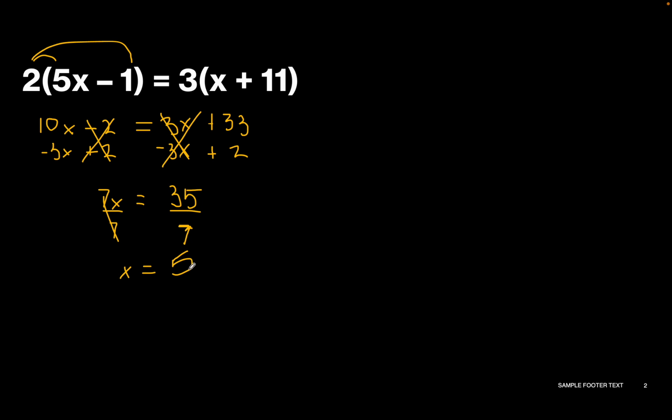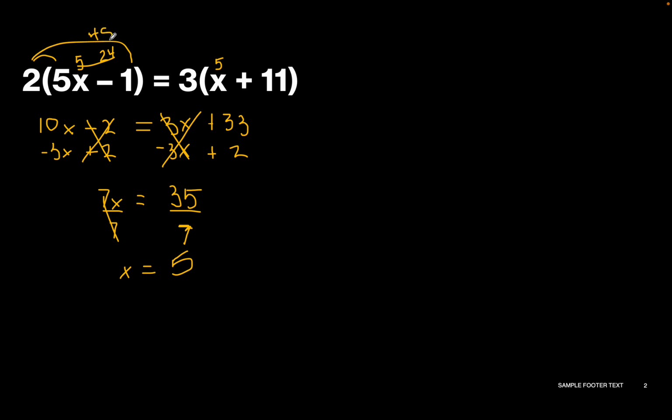Now I could actually test this out. I could plop a 5 in here and a 5 up here. Just in case you are concerned, 5 times 5 is 25. Do the work inside the parentheses; you must follow the order of operations. 25 minus 1 is 24, and 24 times 2 is 48 on this side.